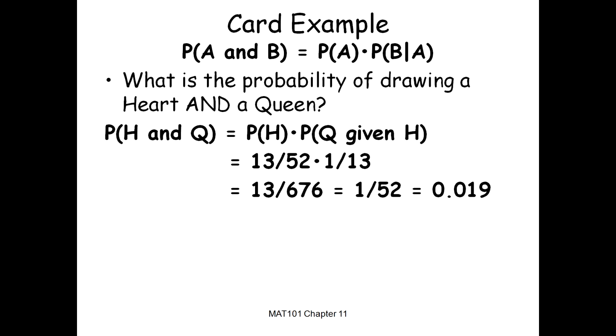If you think about this in terms of our deck of cards example, there are 13 out of 52 hearts. So the probability of drawing a heart is 13 out of 52. But if you've already drawn a heart, the probability of drawing a queen from that heart selection is 1 out of 13. So the probabilities must be multiplied together.